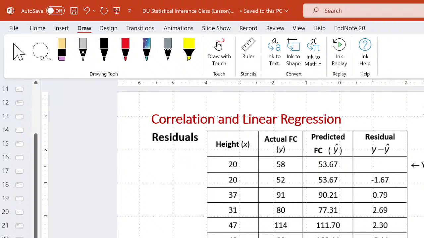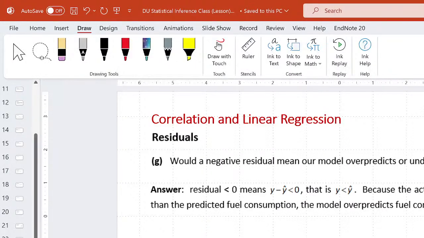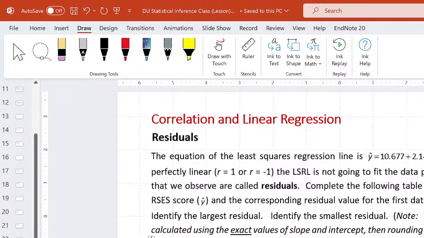It is the vertical distance. Let's clean this up a little. A residual is the vertical distance between the actual value and the least squares regression line. There's the line, there's the actual value, here's the predicted value, and that's the residual, that vertical distance.